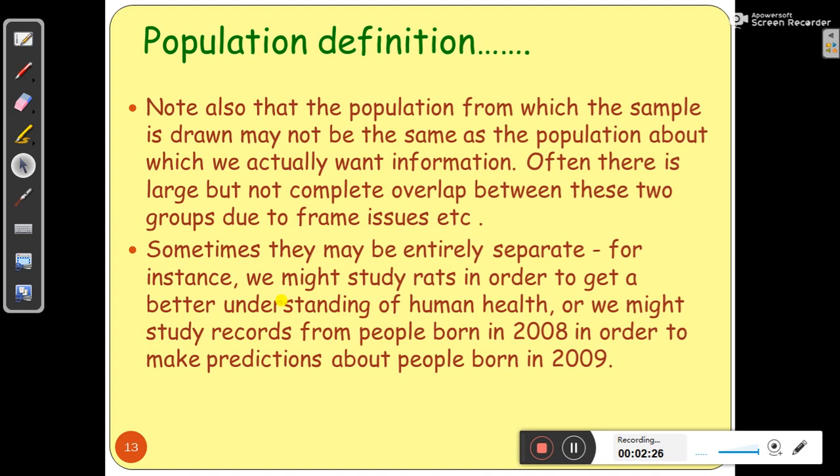Like here you can see, for instance, we might study rats in order to get a better understanding of human health, or we might study records from people born in 2008 in order to make predictions about people born in 2009. So those samples and actual populations might be different.